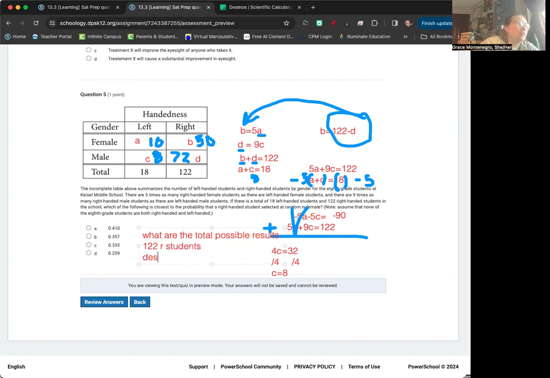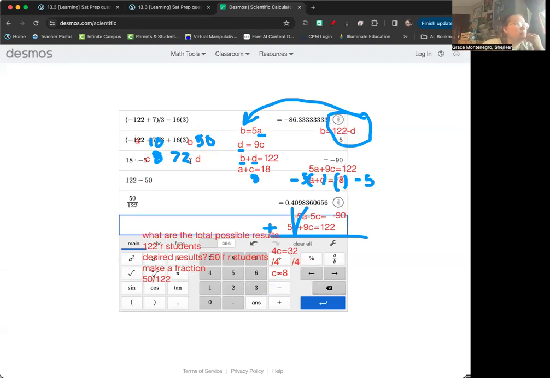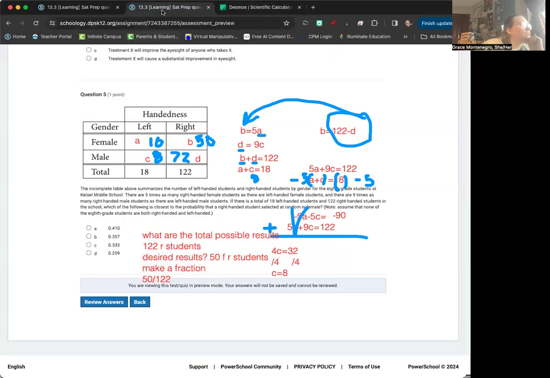What are the desired? That's the 50 female right-handed students. So we make it a fraction, desired over possible. And this goes to the calculator. .4098. That's this one.